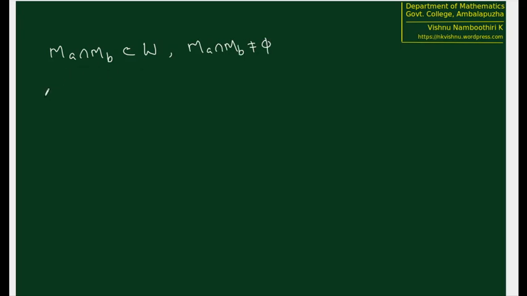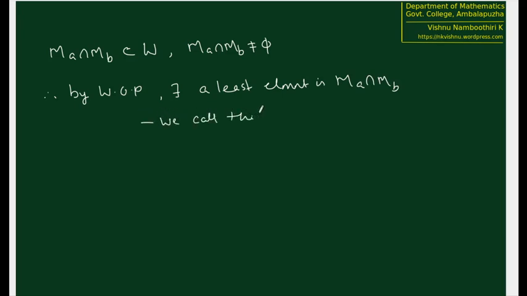By the well ordering principle, there exists a least element in MA intersection MB, and we call this the LCM of a and b. We used ordinary parentheses for denoting GCD. Now we use square brackets for denoting the LCM of a and b. So the LCM of a and b actually exists.